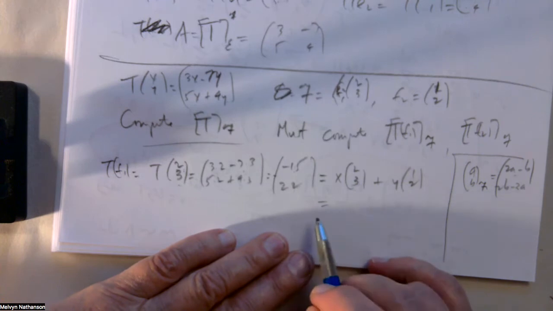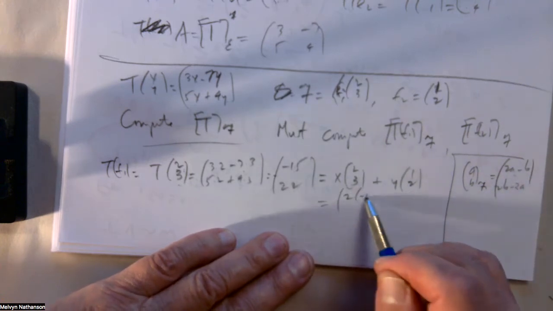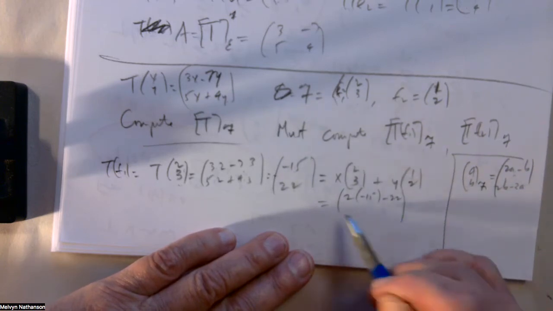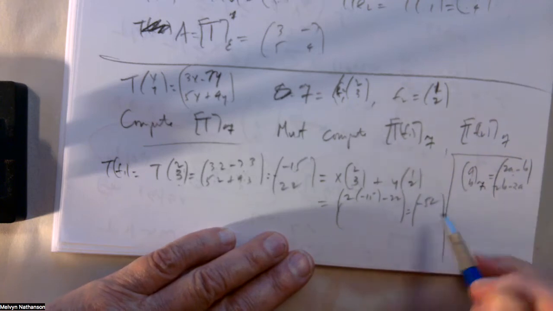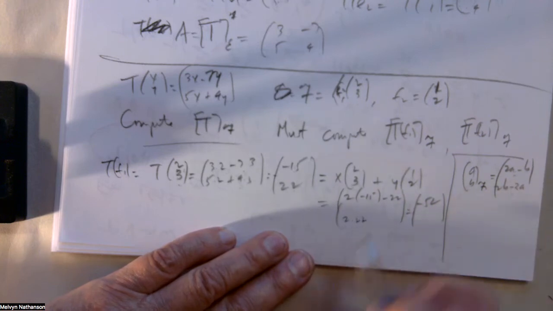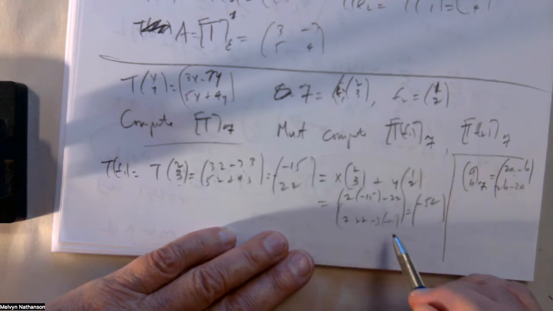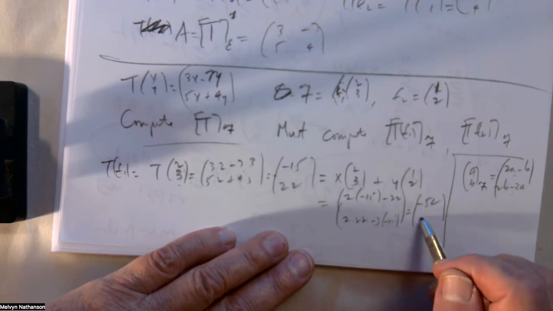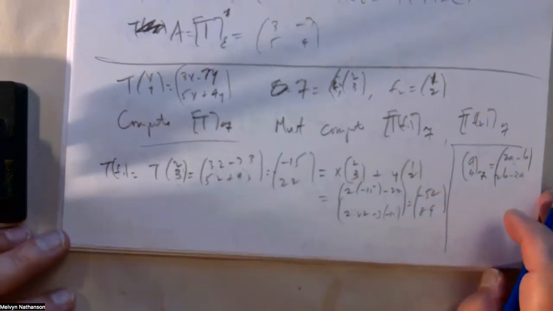So this is 2a minus b, which is minus 30 minus 22, minus 52, and 2b minus 3a, 2 times 22 minus 3 times minus 15, that's 44 plus 45, 89. That's what T of (2, 3) is, if this is correct.